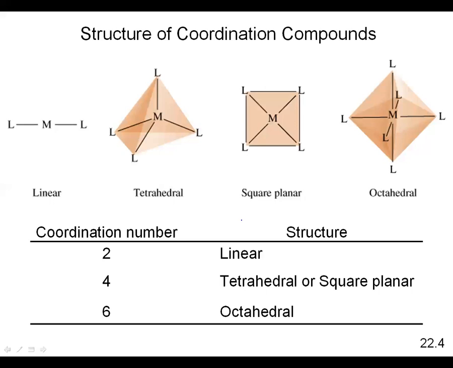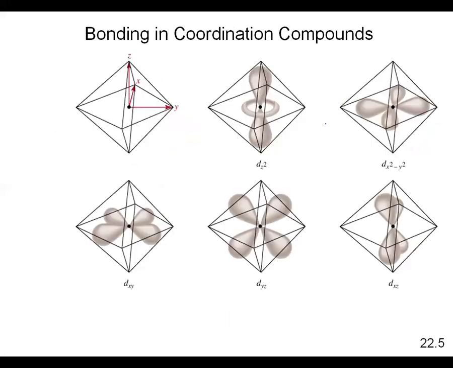And 6 electron pairs, 6 bonds is an octahedral structure. Square planar, which we see as an exception to the octet rule, also falls under a coordination number of 4, as in that case you have those non-bonding electrons involved as well.